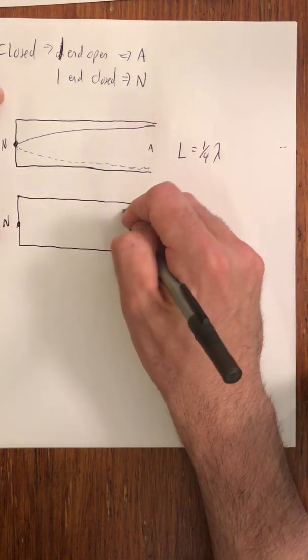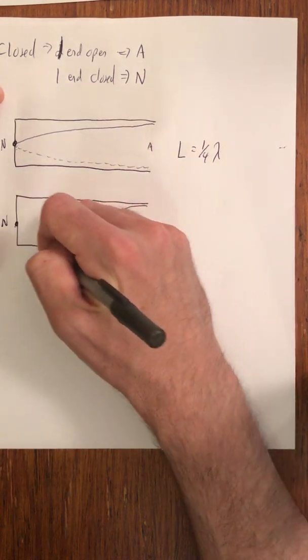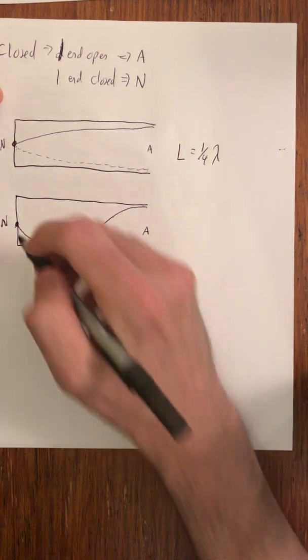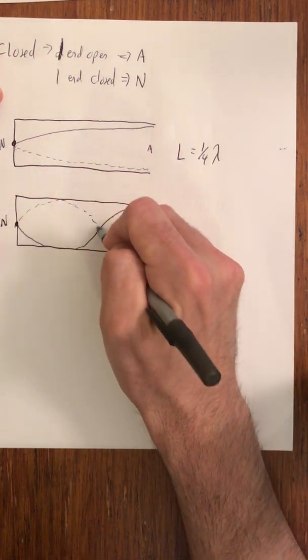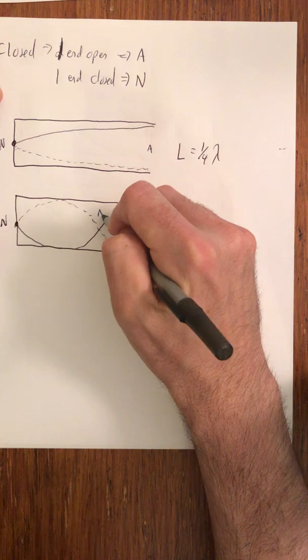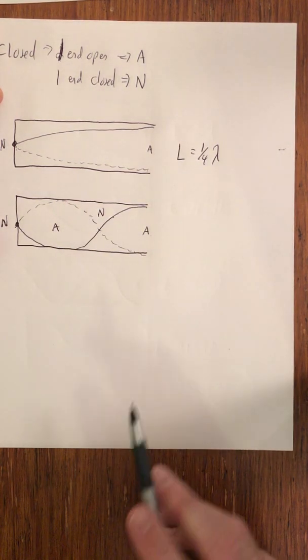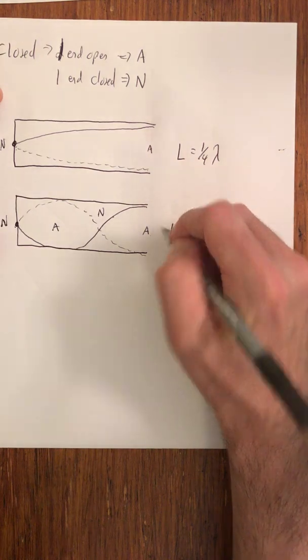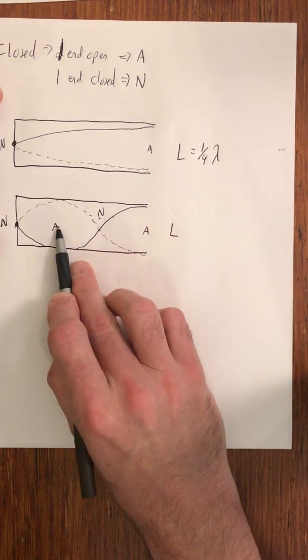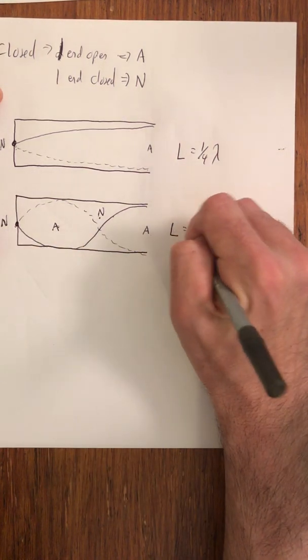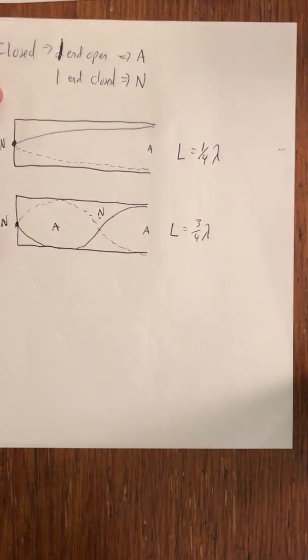So how much does it have to be? Well, it's that much. Let me just draw where it is half a cycle later. Antinode to antinode here, right? And if you notice here, how much of a wave do I have? I have 1 quarter, 2 quarters, 3 quarters. L is equal to 3/4 of a wavelength.